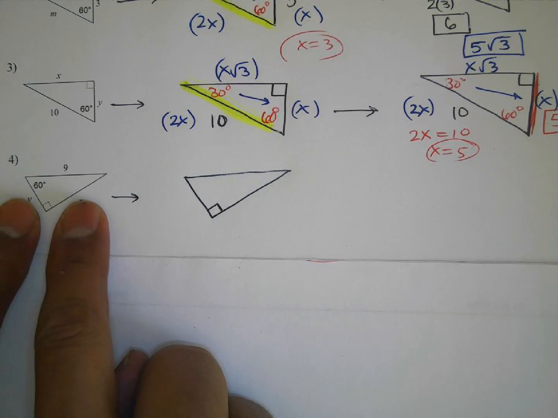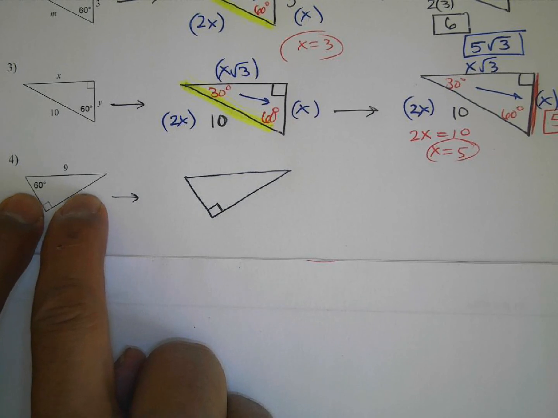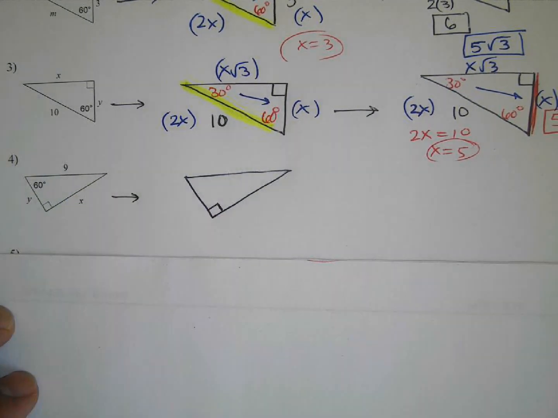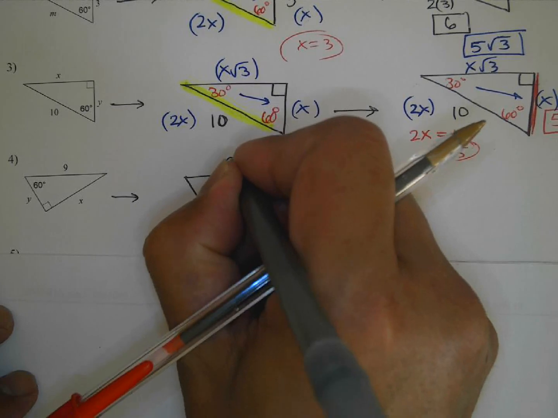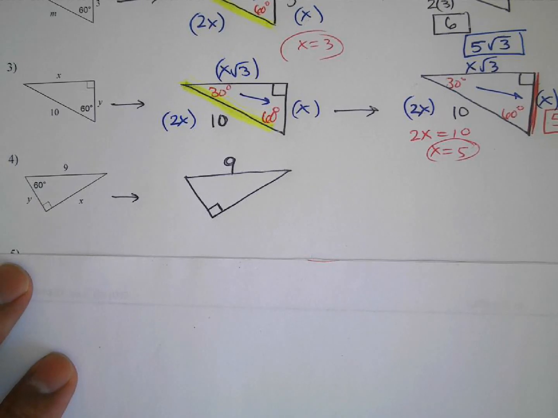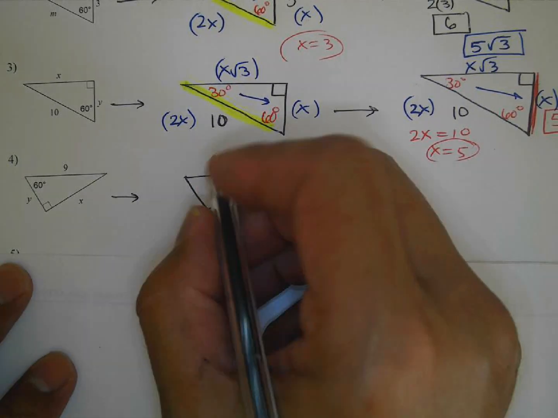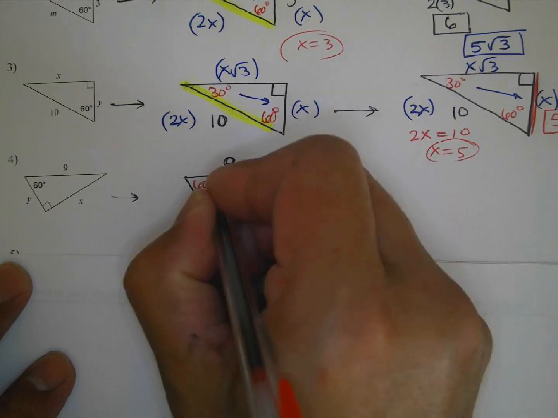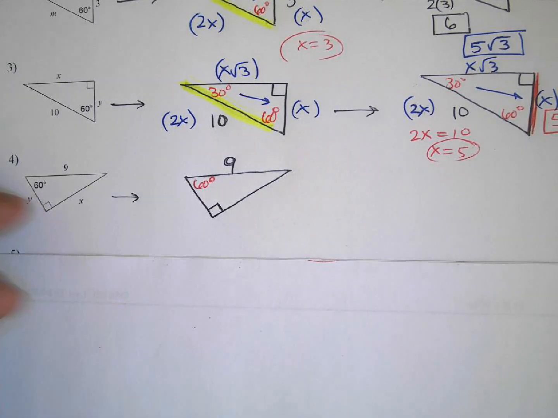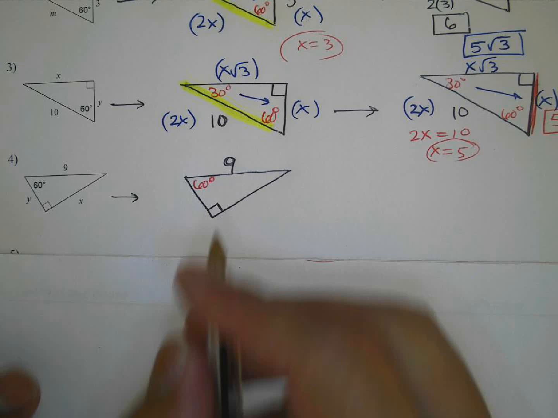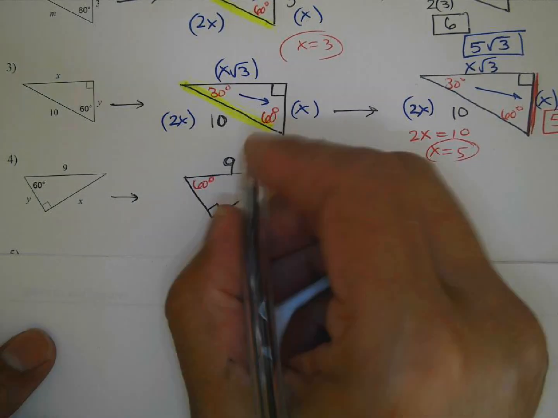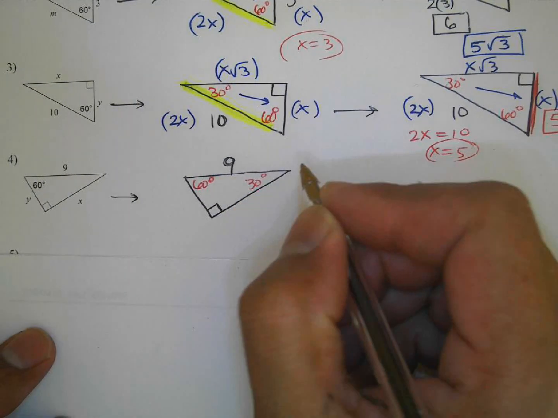Again, don't ignore these. These letters are going to throw you off. That's why I want you to copy it over. You're going to keep that one side. They're only going to give you one side, and then they're going to give you one angle. All right, ignore these letters here. Fill in the other angle first. That's 60. This makes this one 30.